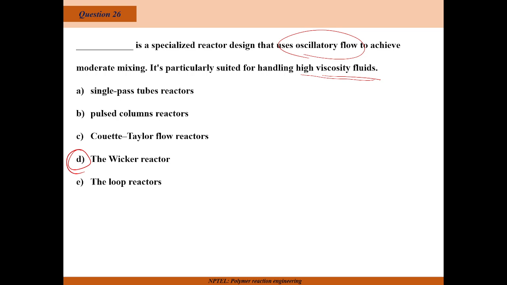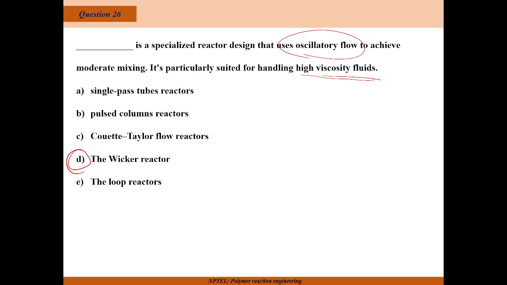As the name suggests, the first one, the single pass tube reactor, has a single pass happening. So the reaction should be fast enough: the reactants pass once, and within that the reaction should happen. It is also very simple in structure.